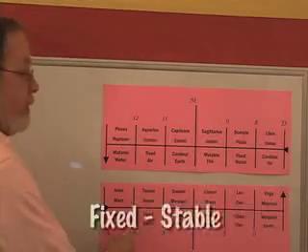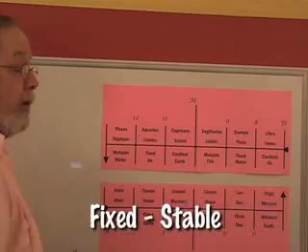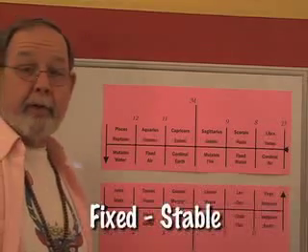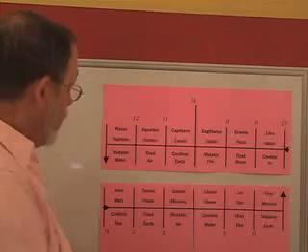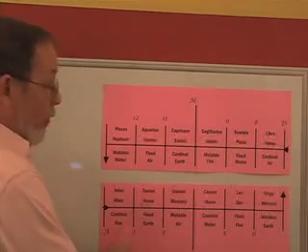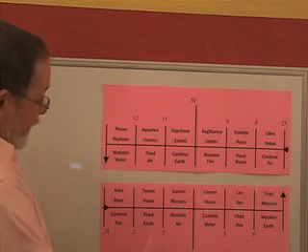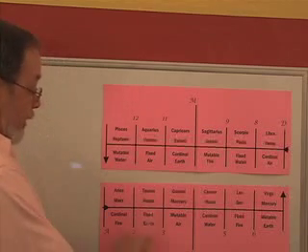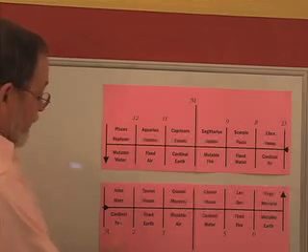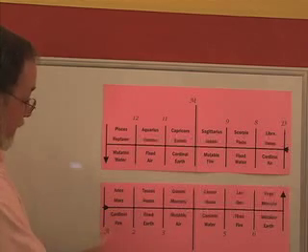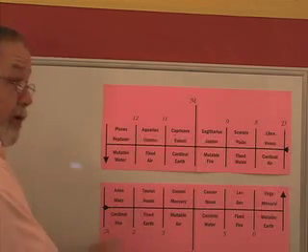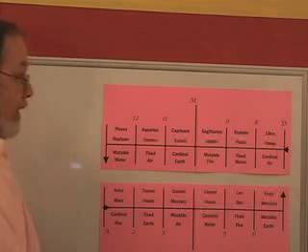The fixed signs, you can just tell from the word, are going to be more fixed, more stable. So they may be more stubborn, they may have great purpose and great determination, but they usually are going to stay with what they do. They're not going to be so much starters as the cardinal signs.